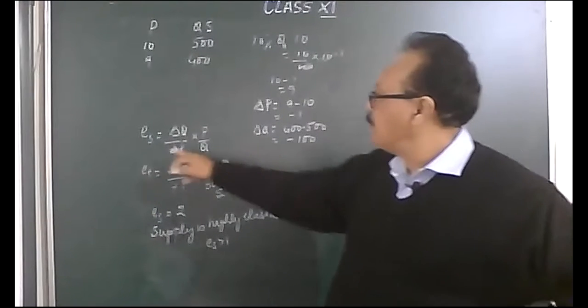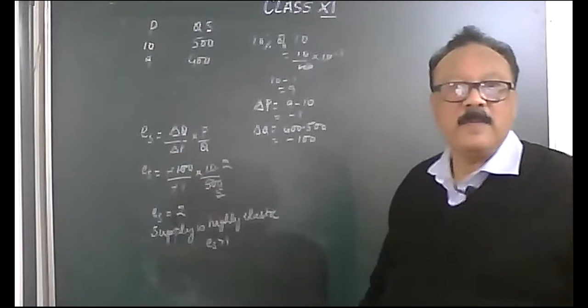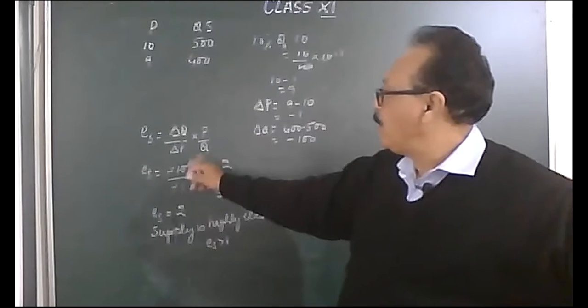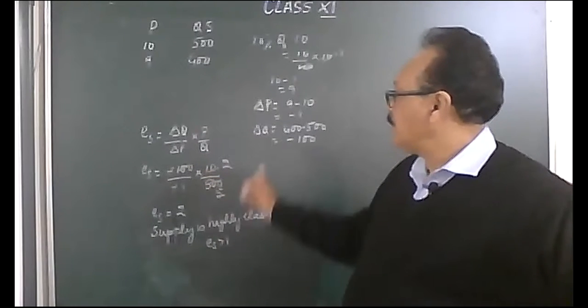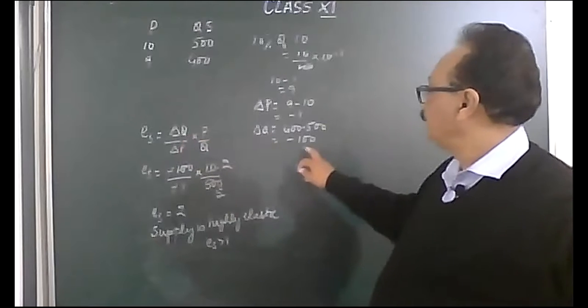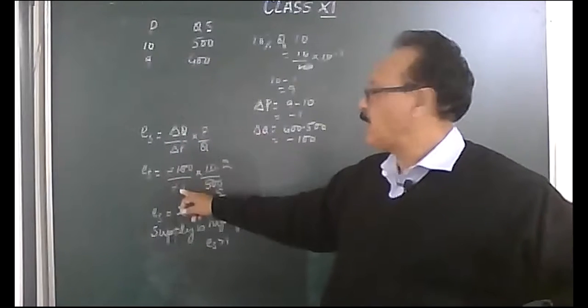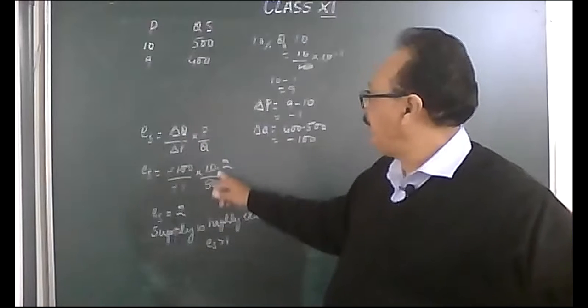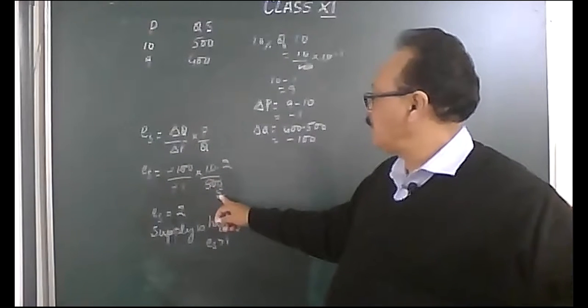Using these details, we substitute them in the formula. This is the proportional formula: delta Q upon delta P into P upon Q. Substitute the values. Delta Q is minus 100, delta P is minus 1. P stands for the original price 10, Q stands for the original quantity.